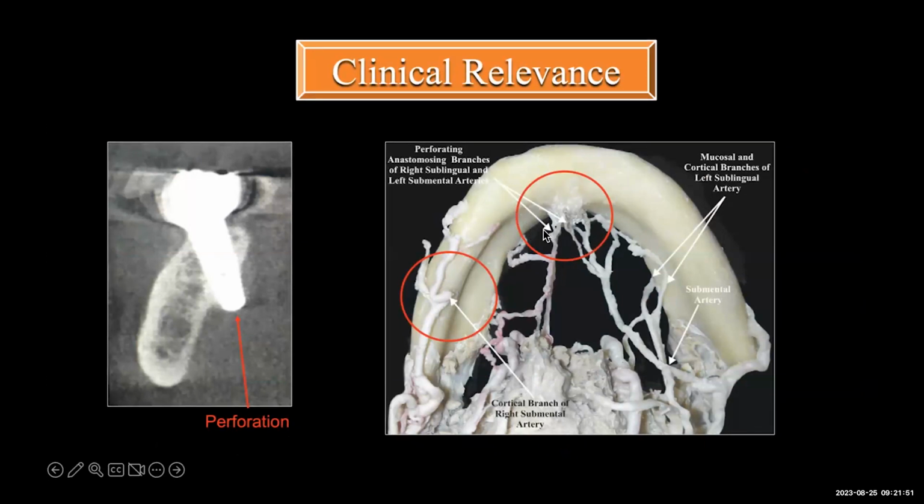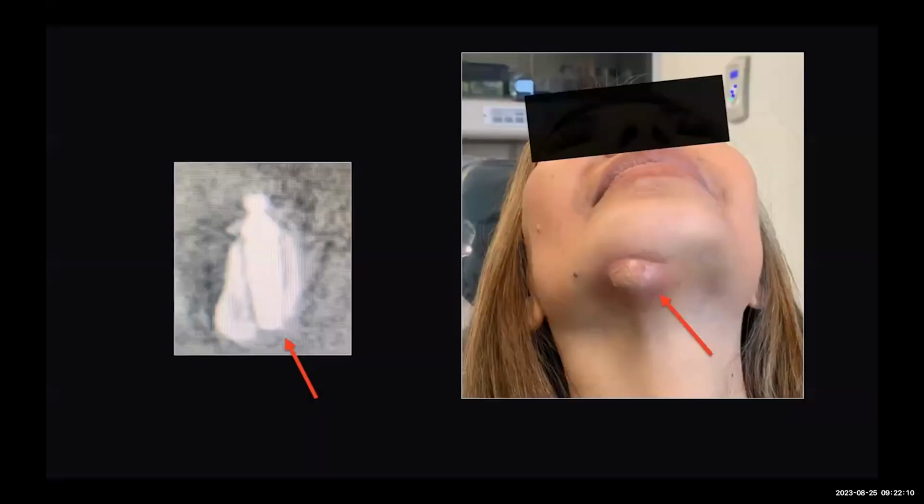However, we also have those sublingual arteries that anastomose right in the midline, and usually they're very close around the cuspid area. So right outside of this bone, where you perforate, you have a blood vessel, a sublingual or a submental artery, and that will become problematic.